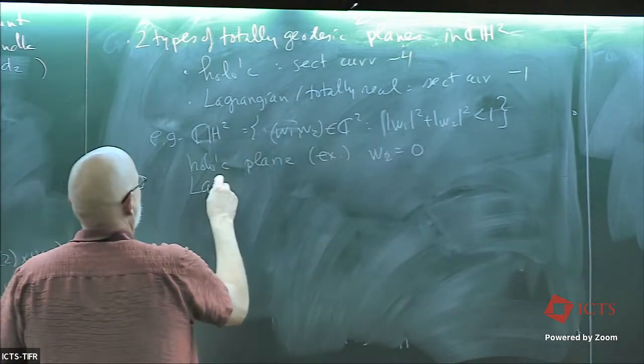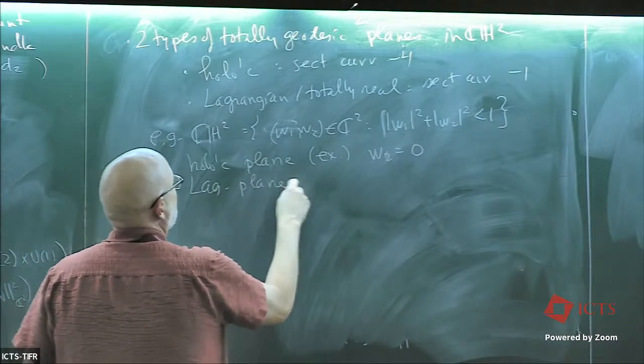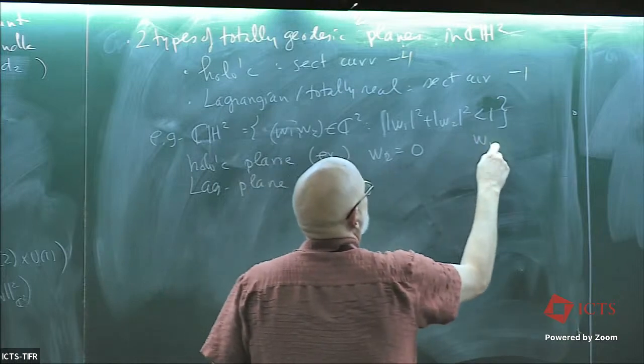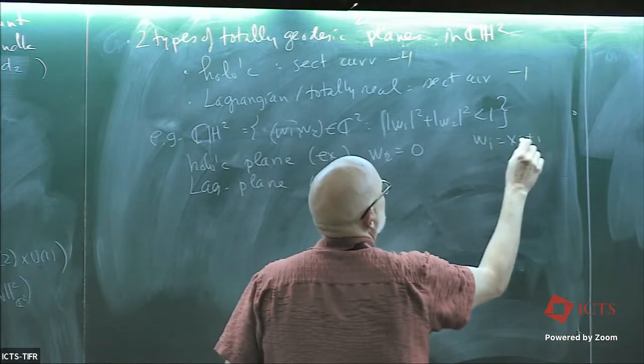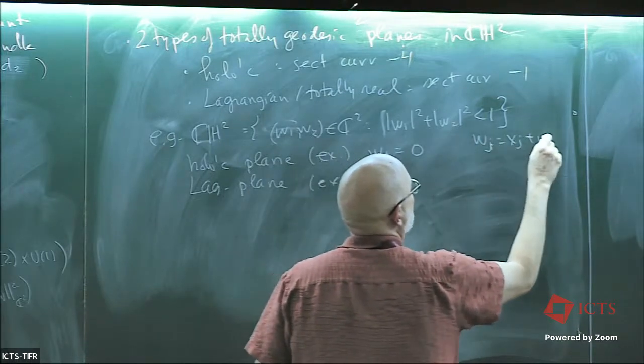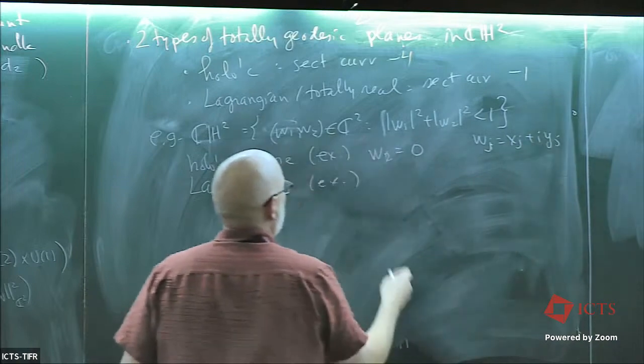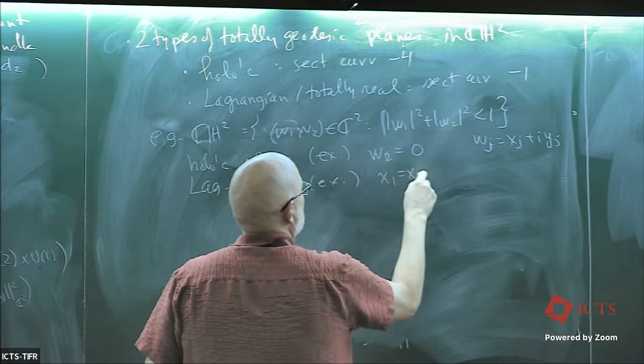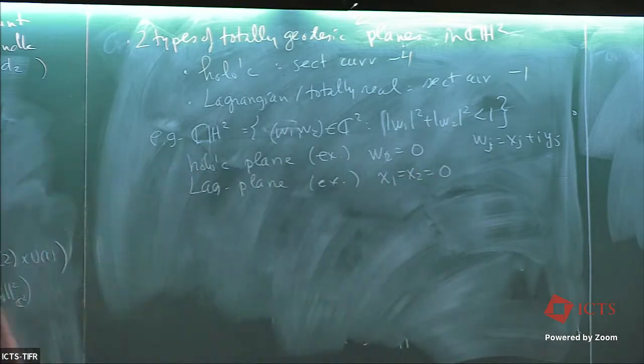And a Lagrangian plane, for example, would be, say, Wj is xj plus i yj, with x1 equal to x2 equal to 0. Okay. So these are kind of two different setups here.